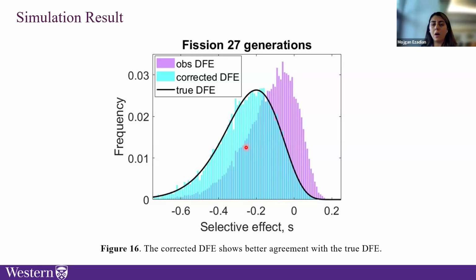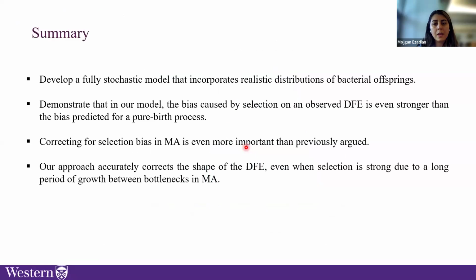We did all of these analyses for Poisson distributions, but because of the limited time, I just talk about the fission distribution. As a summary, we developed a fluid stochastic model that incorporates the realistic distributions of bacterial offspring, and we demonstrate in our model that the biases caused by selections on the observed DFE are even stronger than the biases predicted in a pure burst model.